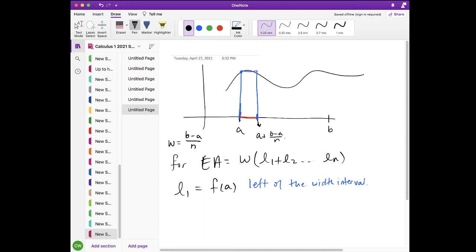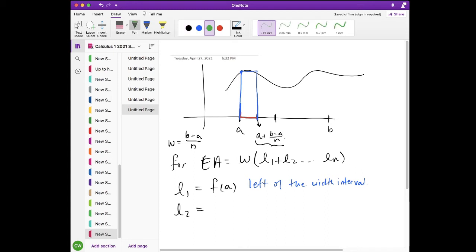Okay, so what do you think L2 is going to be? In the next rectangle I create, the rectangle right next to it, which height do you think I want? Yes, the parentheses were confusing. It's this thing that we want, right? a plus b minus a over n, because that is the left of the width interval.